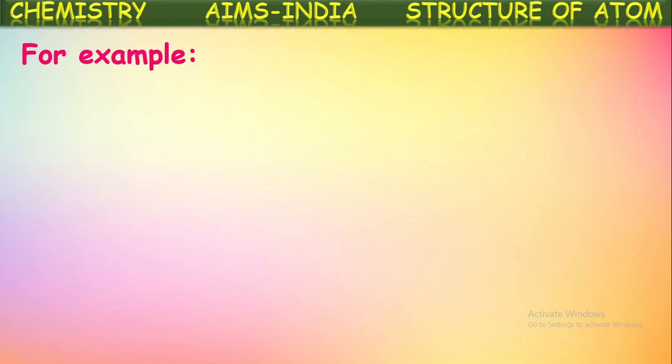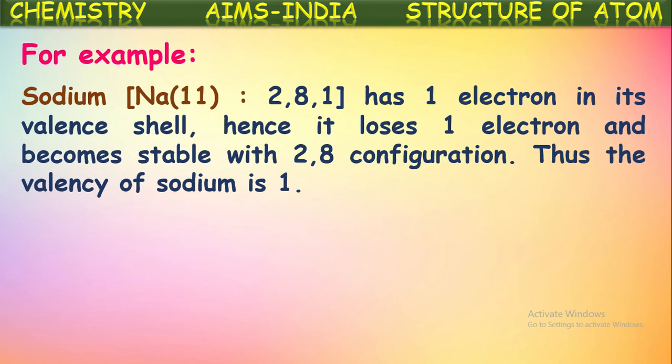For example, if we take sodium, just now we have seen its atomic number is 11 and its configuration is 2, 8, 1. It has only one electron in its valence shell. Hence this sodium will try to lose this one electron and become stable with the configuration 2, 8. In the outermost shell it has one electron.